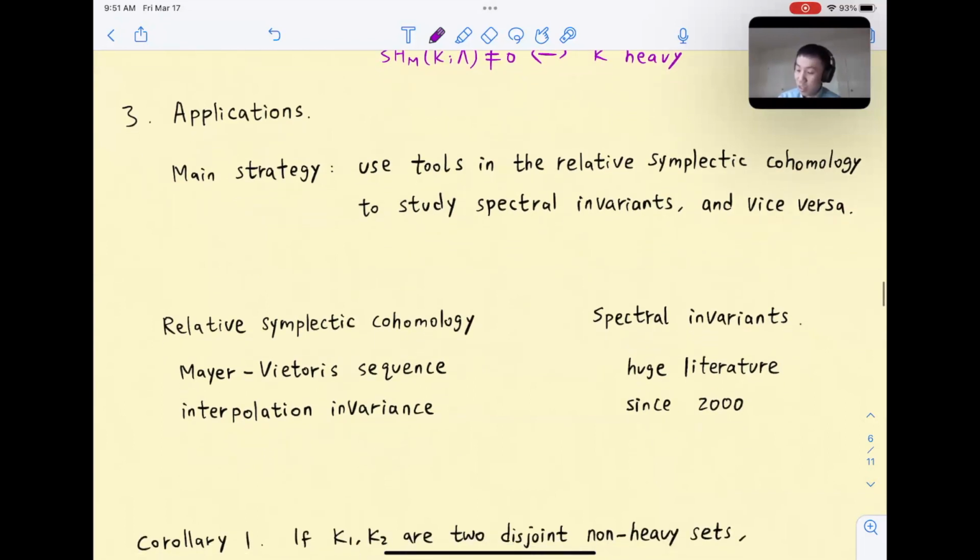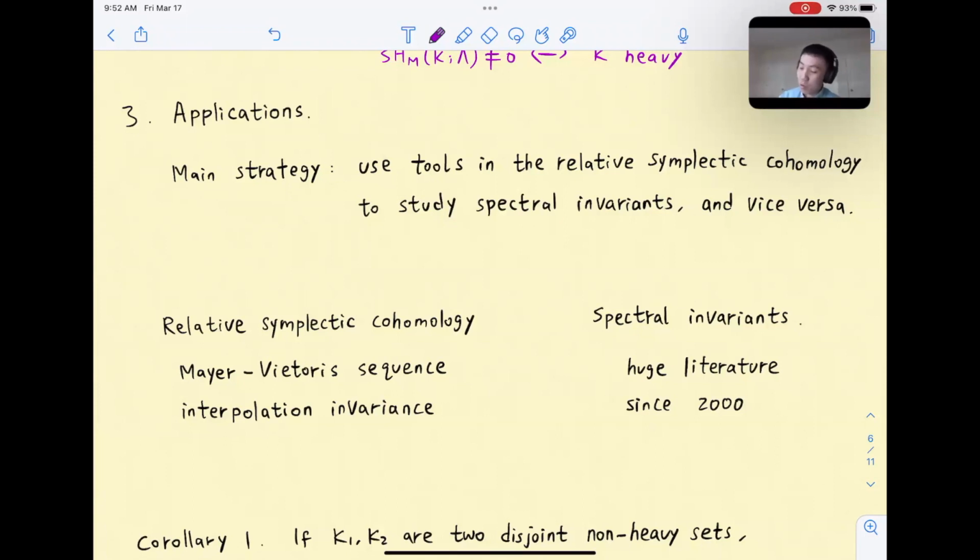On the side of relative symplectic cohomology, besides the previously mentioned properties, there are two non-trivial main properties. One is called the Mayer-Vietoris sequence. The other is called the interpolation invariance, which I will recall later. On the side of spectral invariants, there is a huge active research field since 2000.